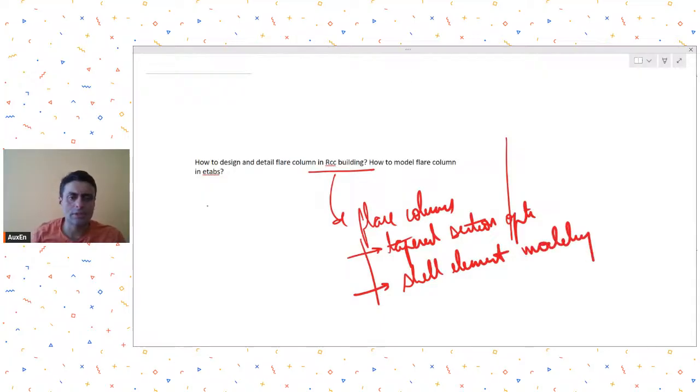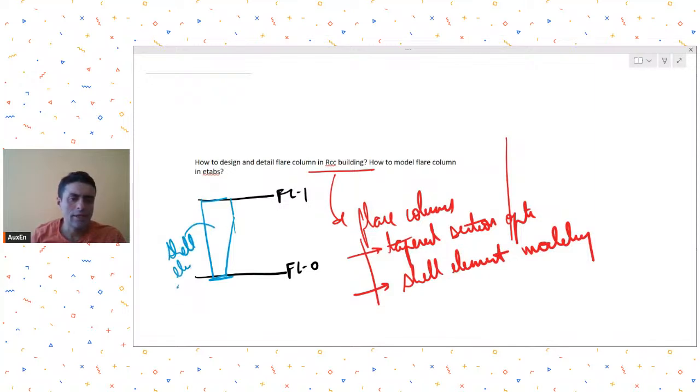So suppose this is your floor level and this is your floor level, and in between you want a flare column. So what you can do is construct whatever flare geometry you are proposing as a shell element.